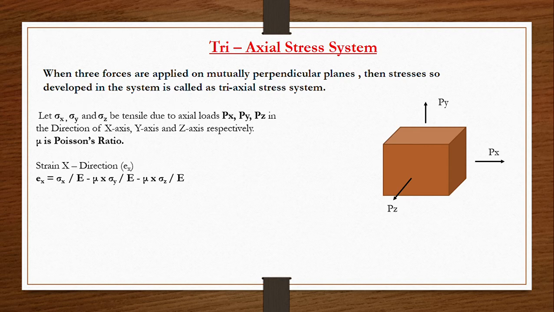The strain developed on the x axis will be sigma x divided by E, minus mu into sigma y divided by E, minus mu into sigma z divided by E. I repeat, the strain developed in the x axis will be the stress divided by E, that is Young's modulus or modulus of elasticity, minus the strain developed due to the other two axes.